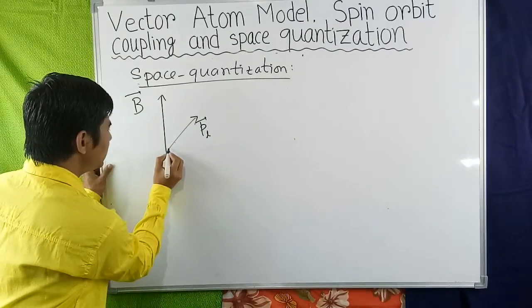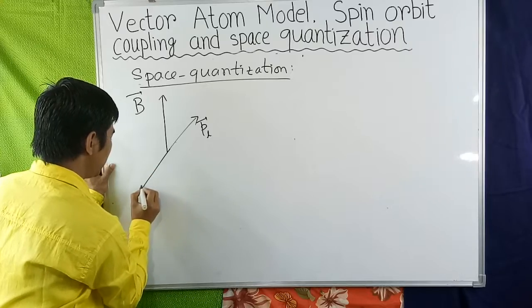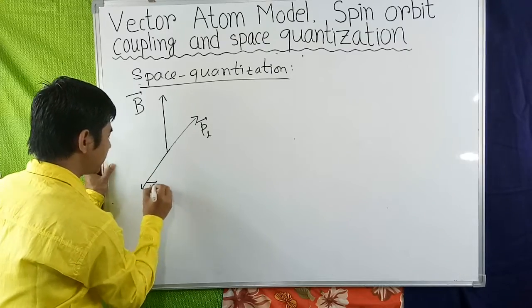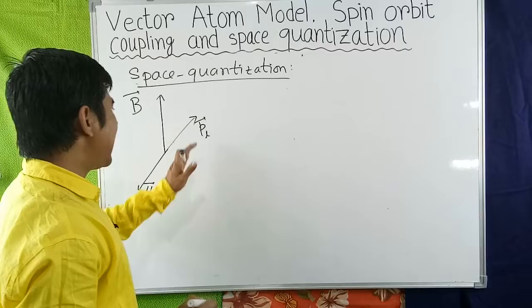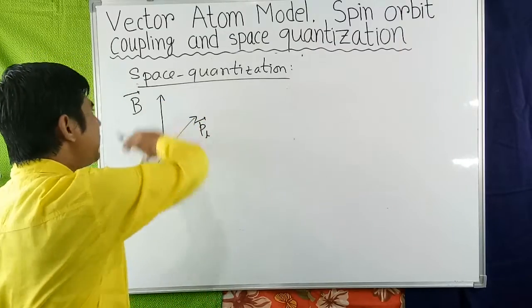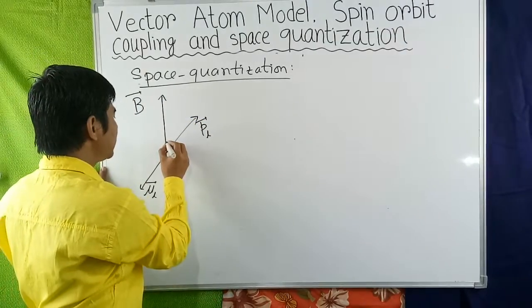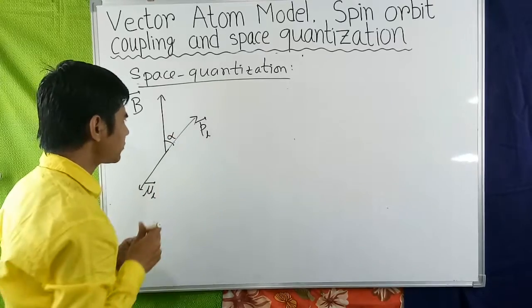So this is the mu L vector, and the angle between the PL vector and B vector is alpha, so this angle is alpha.